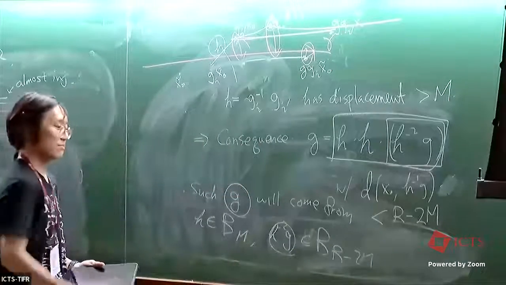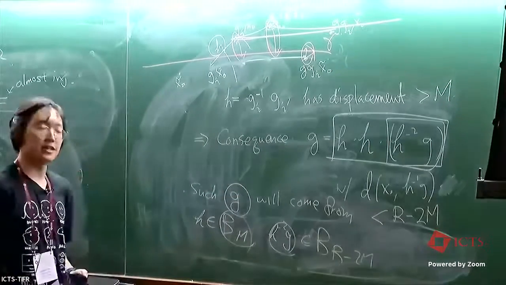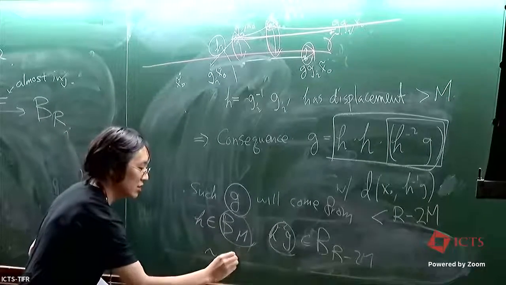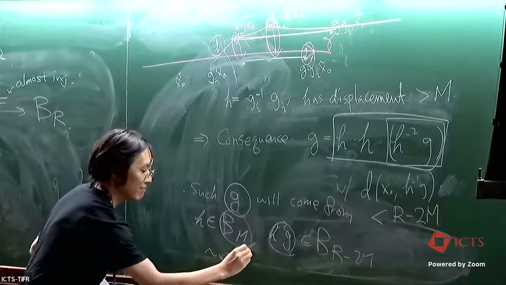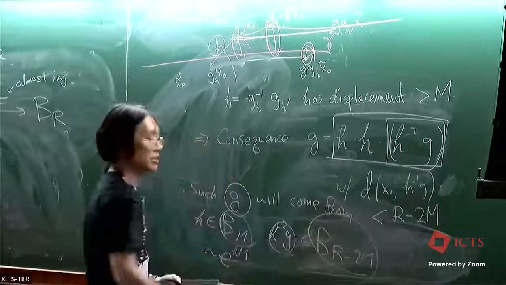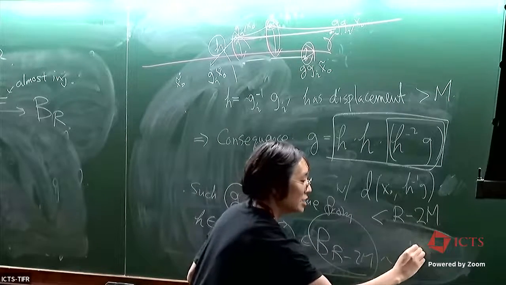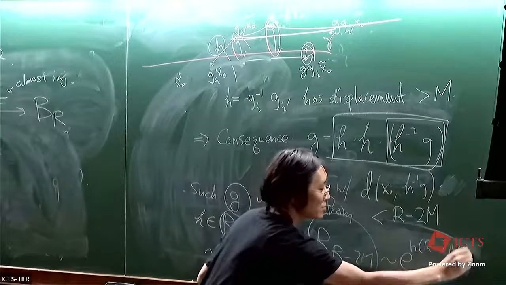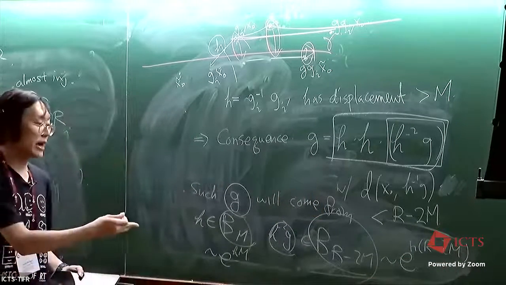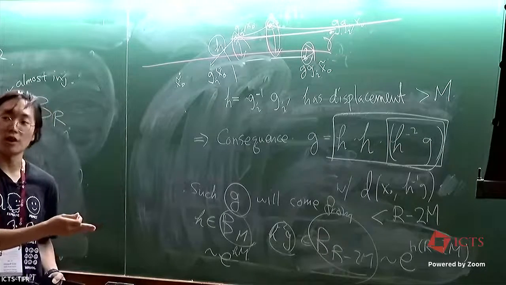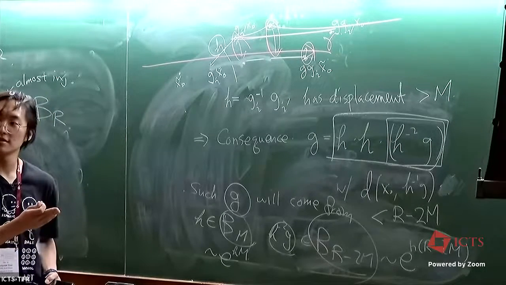The population is around e to the hm. This population is around e to the h(r minus 2m). So if you multiply them, you get e to the minus hm from e to the hr, right?